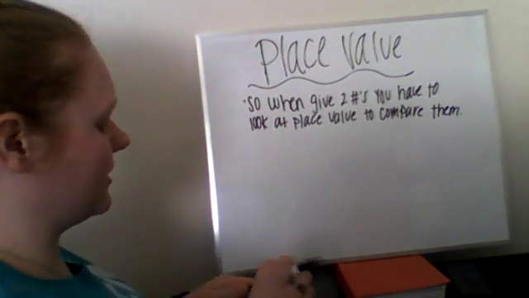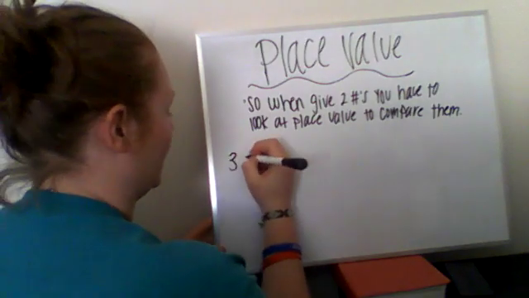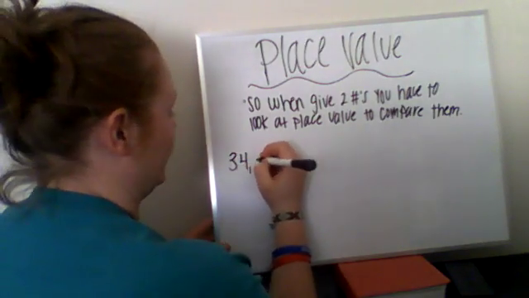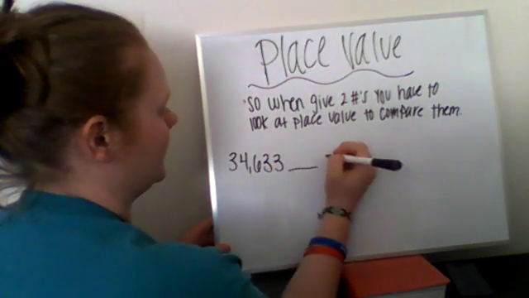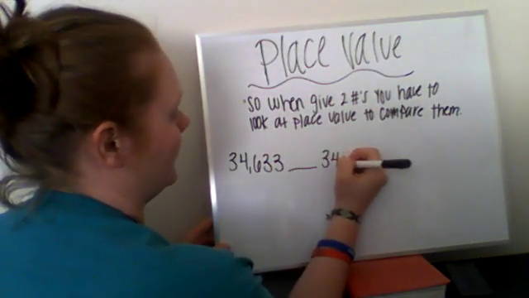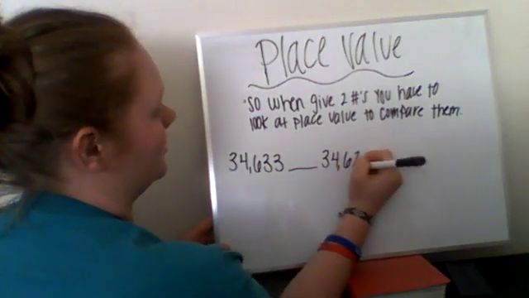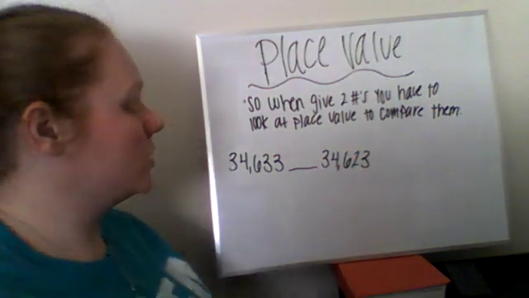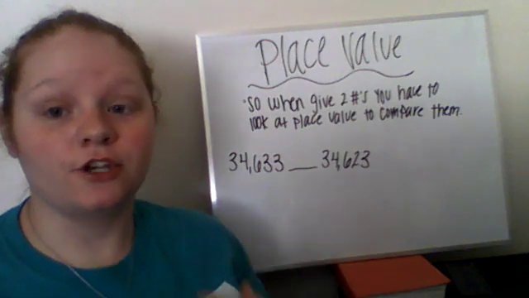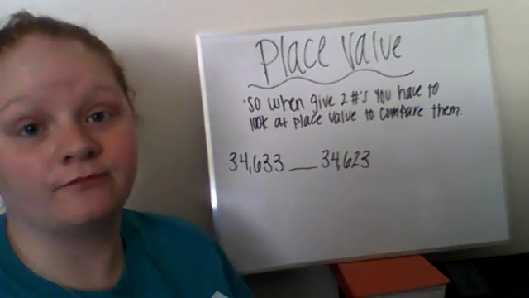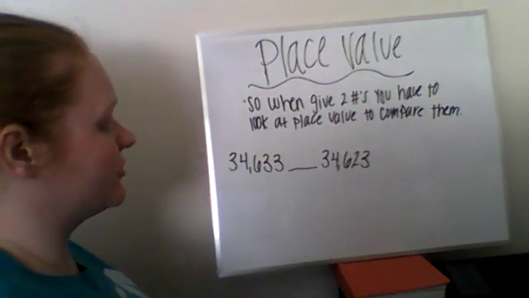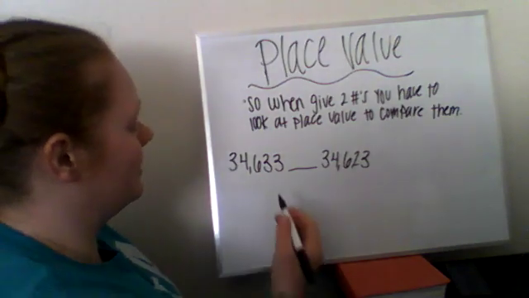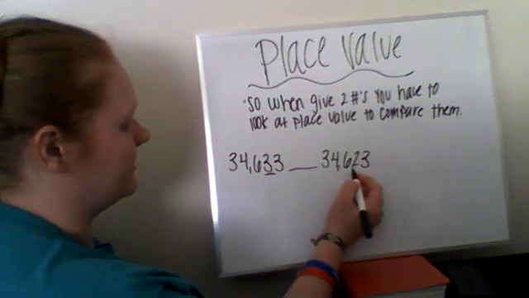If I give you the number 34,633, and I want you to compare that to 34,623, when you look at those two numbers, you're going to see they're very similar. There's only one place value that is different. The place value that is different is the tens.